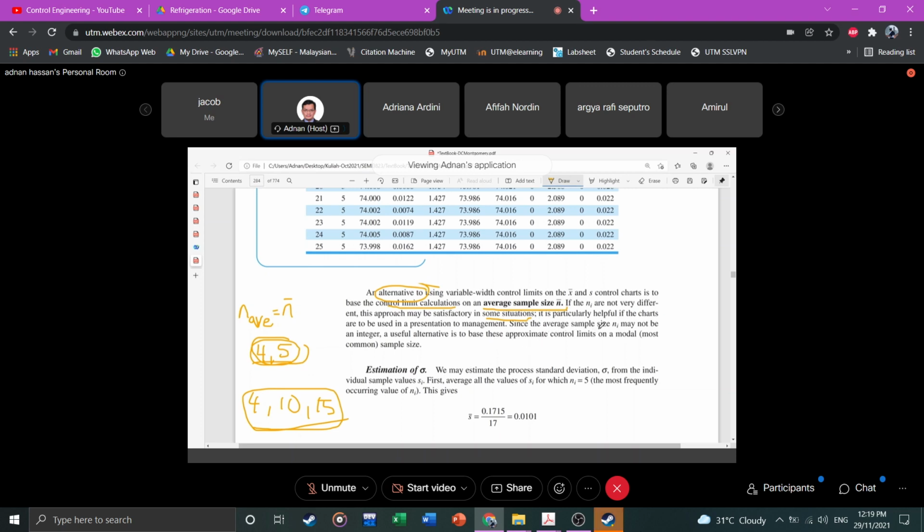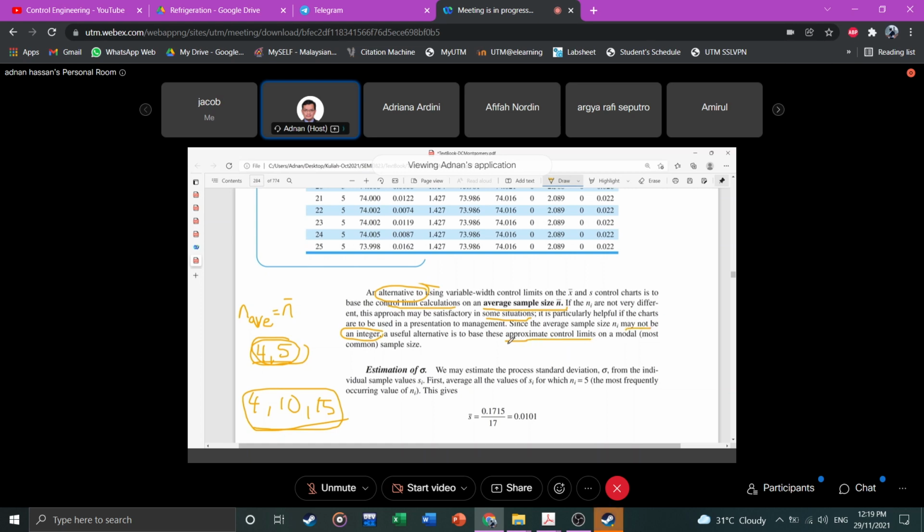Since the average sample size n may not be an integer, a useful alternative is based on approximate control limits. Sometimes when you take the average you may not get a round number, so you can use an integer number as an approximation for the sample size.